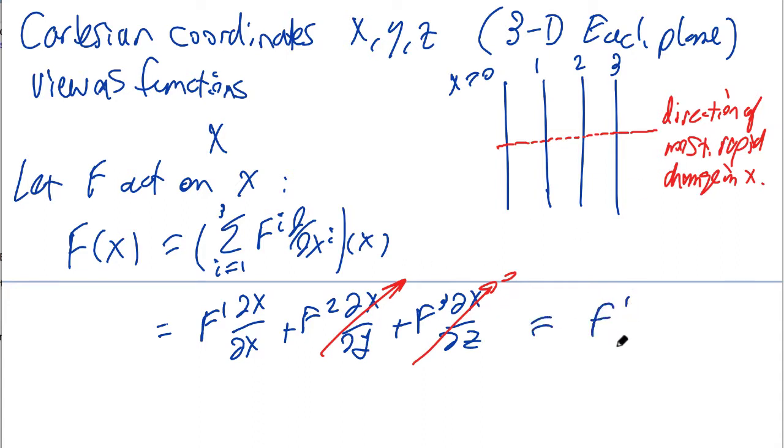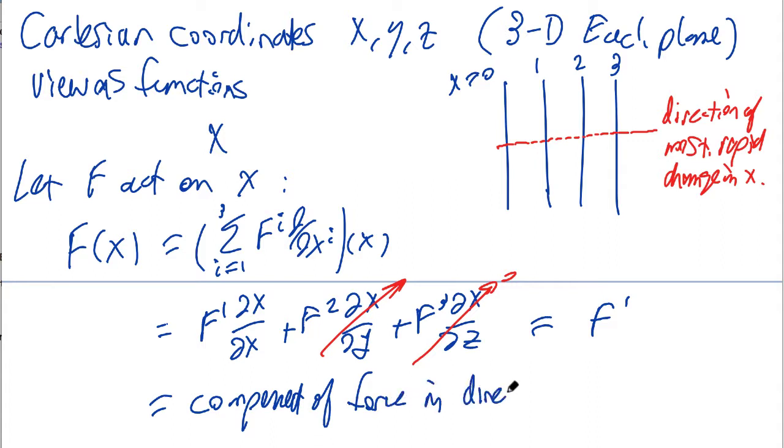So we see in this case with Cartesian coordinates that the one component of f, or the x component of f, has a direct physical interpretation as the component of the force in the direction perpendicular to the x equal constant surfaces. This is the component of the force in the direction perpendicular to x equal constant.